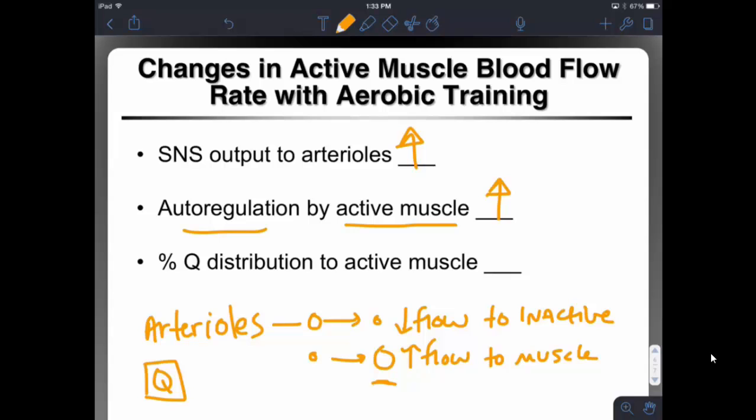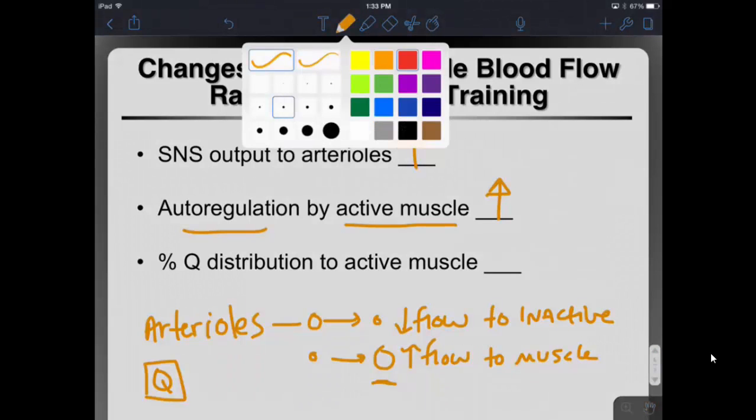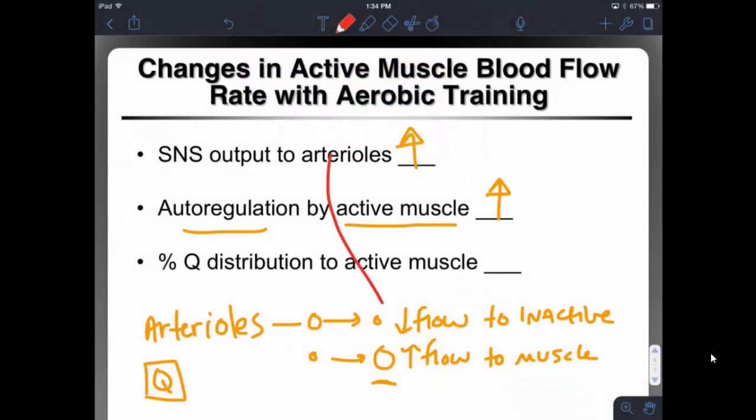So together, this greater SNS is going to cause less flow to inactive. This greater autoregulation is going to cause more flow to the muscle. Okay? And less flow to the inactive is because of a decrease in radius. More flow to the muscle is because of an increase in radius. Okay? And the overall effect is that greater percentages of the cardiac output are distributed to the active muscle.